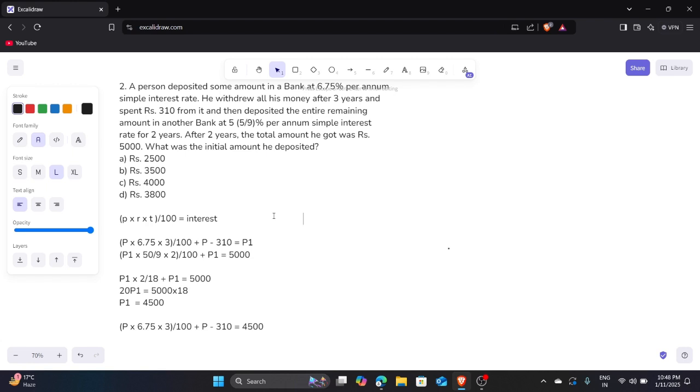P multiplied by 6.75, multiplied by 3, and I'm considering in division 100 into 100, because after removing the decimal, 100 is there and 100 already, plus P, equal to that.